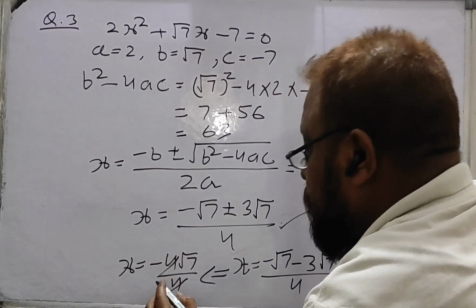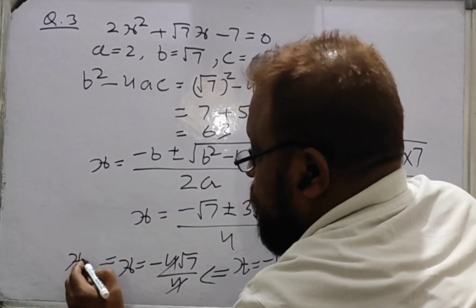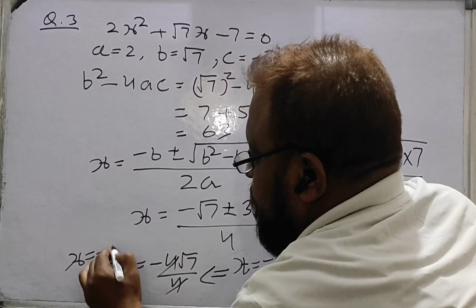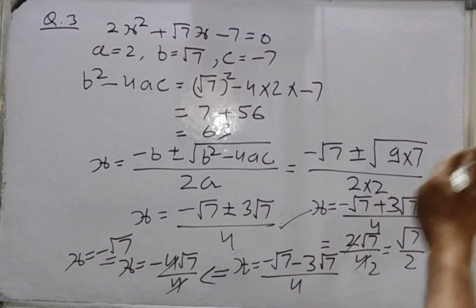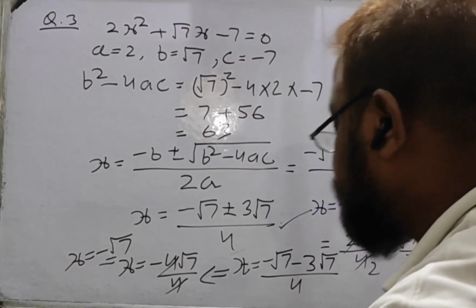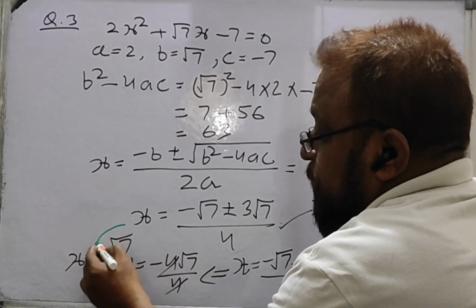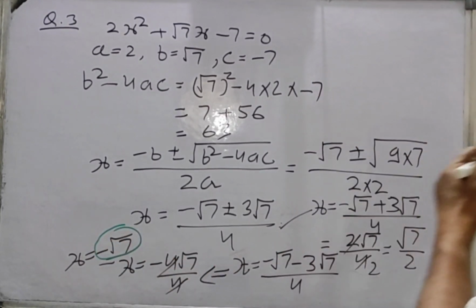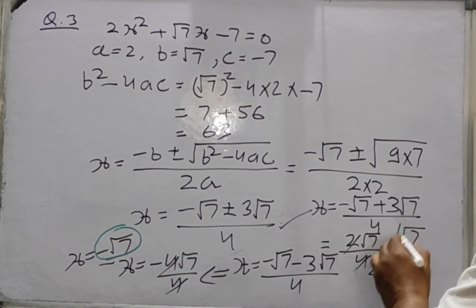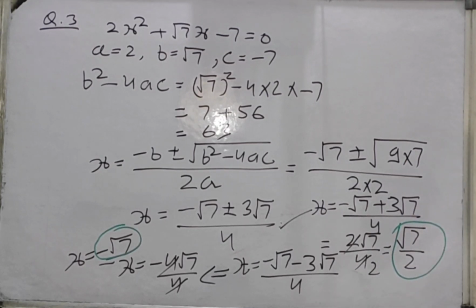The 4s cancel out, so we get x is equal to minus root 7. So there are two zeros we have: minus root 7 and root 7 by 2. These two zeros are there. So this is what we have about the quadratic equation.